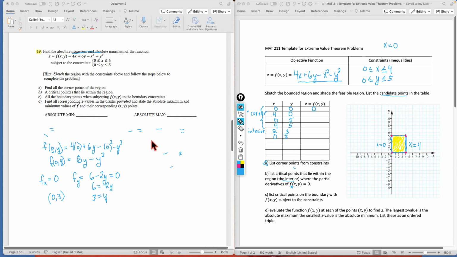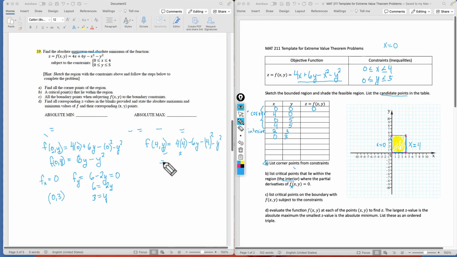Let's take the other constraint, when x is 4, y. So we're going to go ahead and go through that one. So 4 times 4, we're plugging that in, plus 6y minus 4 squared minus y squared.